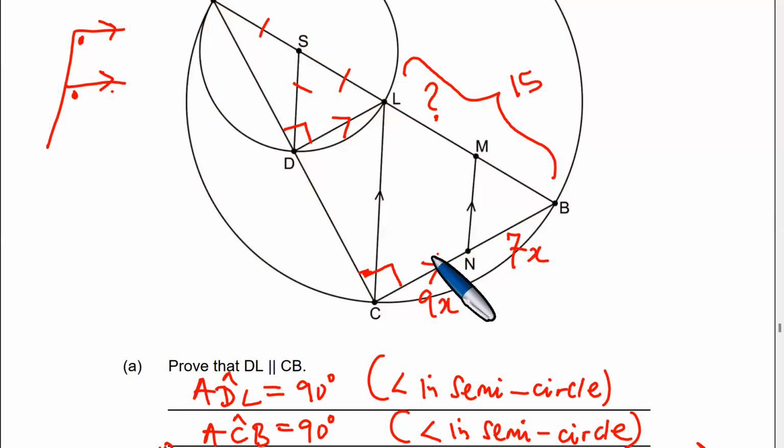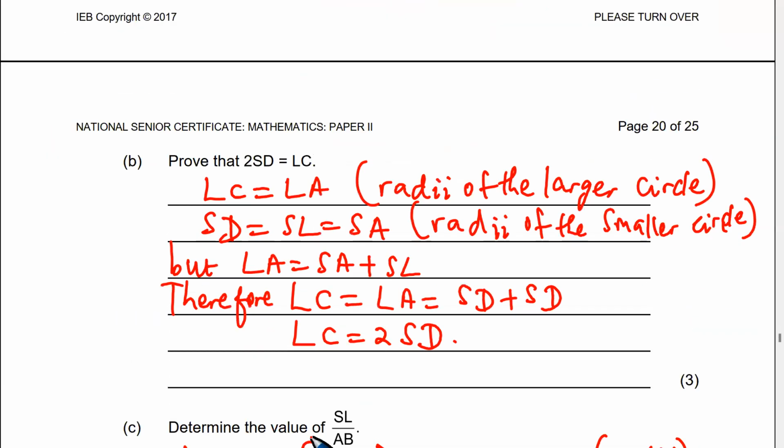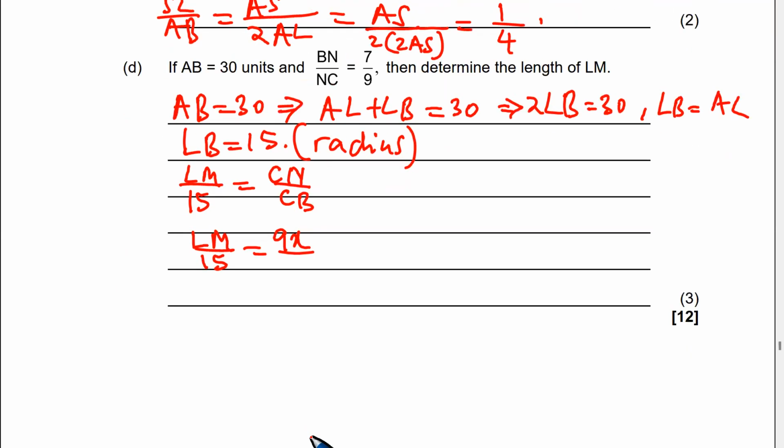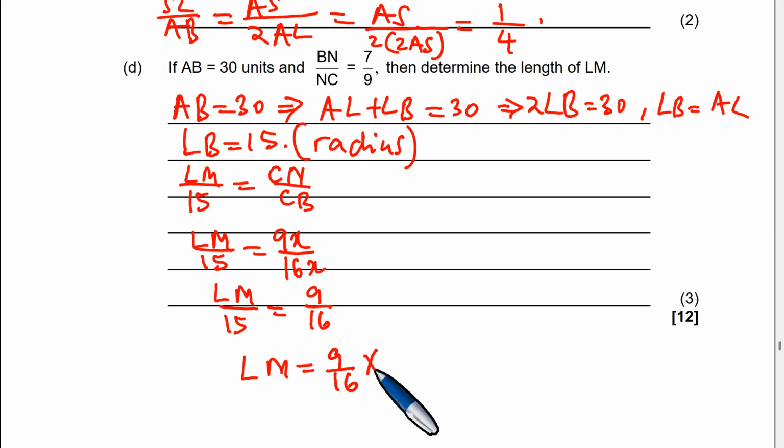For CB, we use 16x. So LM over 15 is 9 out of 16. We are interested in LM. So it is 9 out of 16 times 15, which is equal to what? Use a calculator here to get the result.